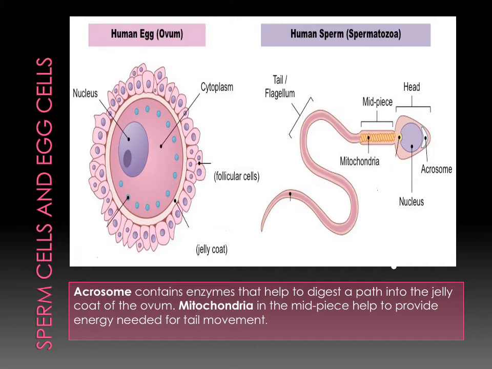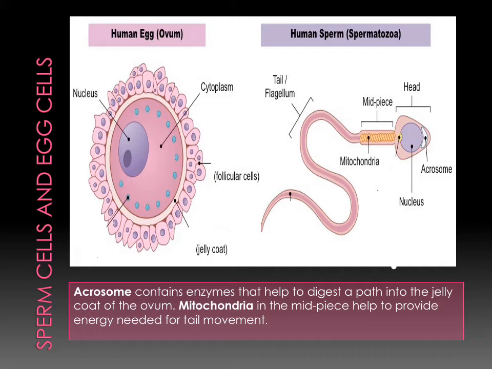Another detail that we want to speak about in the sperm cell: there is a small part at the very pointed end of the head. It's called an acrosome. And an acrosome contains enzymes that help to digest its path into the jelly coat of the ovum.